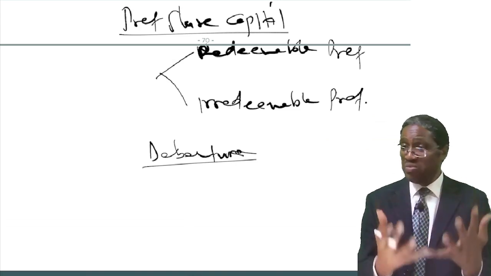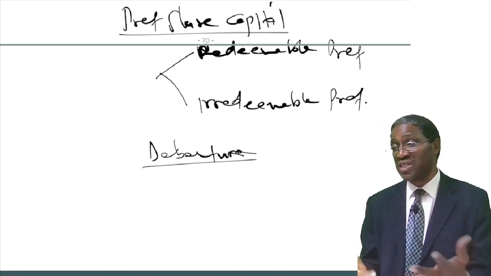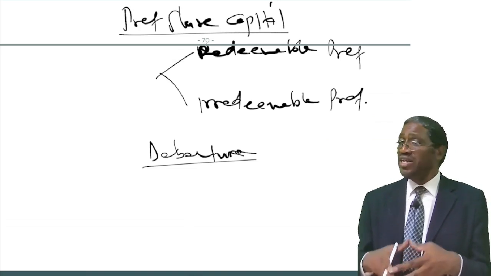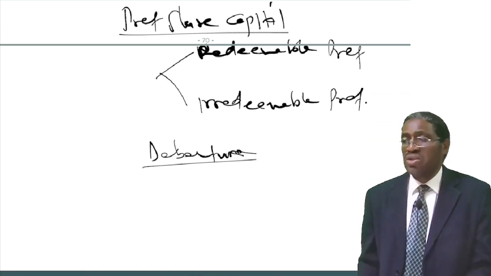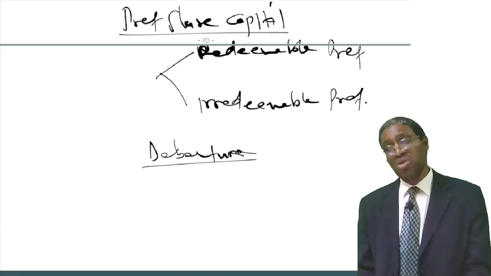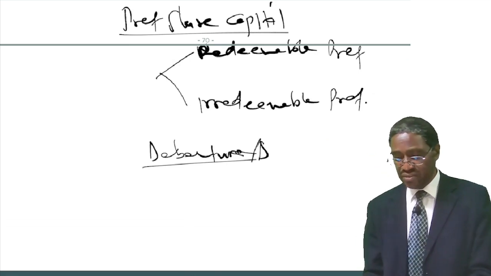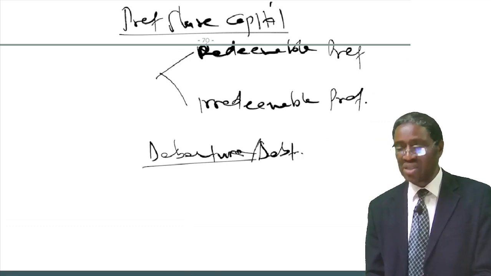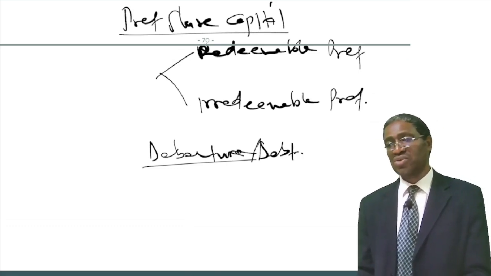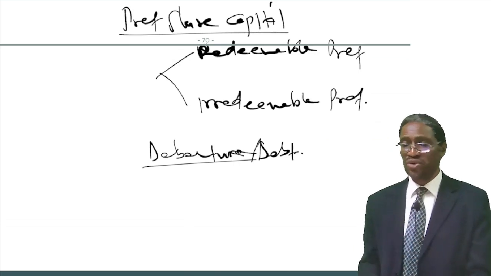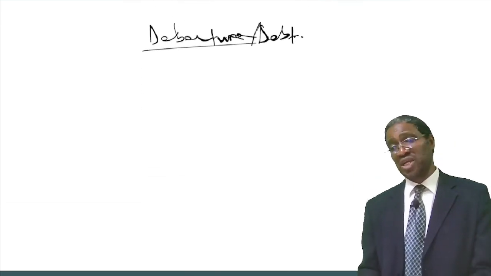You can issue debentures which are to be redeemed after 10 years, or you may issue debentures which are irredeemable. How to compute the cost of those debentures or debt, that's something we shall discuss in our next lesson. Maybe we can stop there for today. We pick it up from there next time.